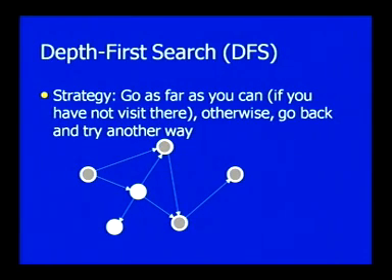Now you can see this is a dead end. From this particular node I can't proceed further. Therefore, I backtrack to the earlier node. Now I visit this particular node which is not visited, and then I visit the other nodes.